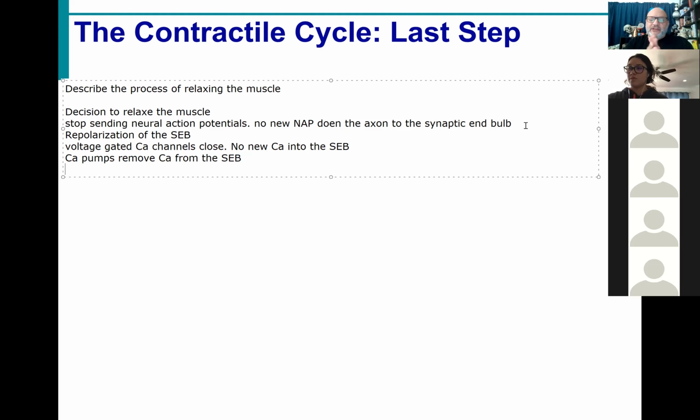What was calcium doing in the synaptic end bulb? Depolarizing. Well, no, the action potential depolarized it. What calcium was actually doing was triggering the exocytosis of the acetylcholine. Calcium was causing the release of the acetylcholine. So with no more calcium, no new vesicles of acetylcholine can bind to the plasma membrane.